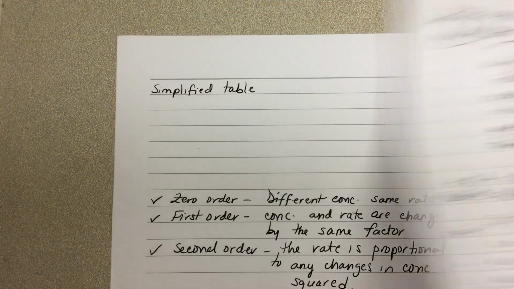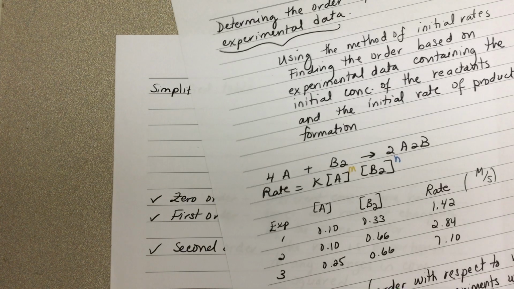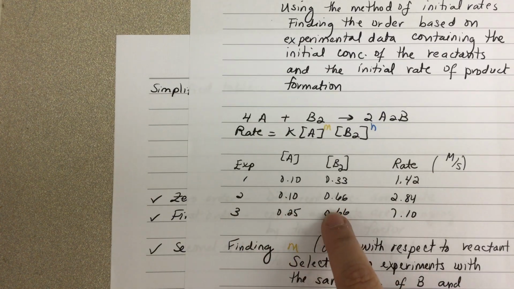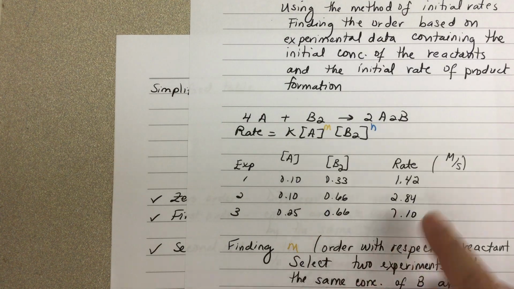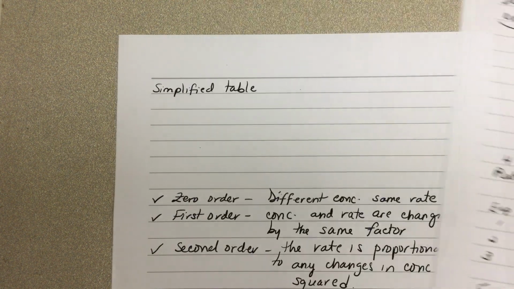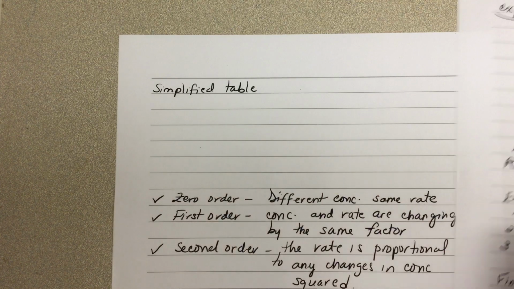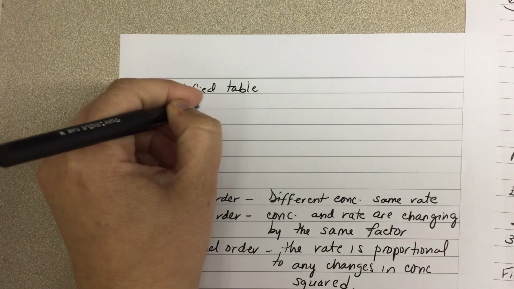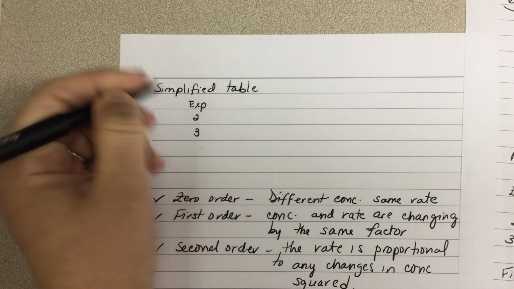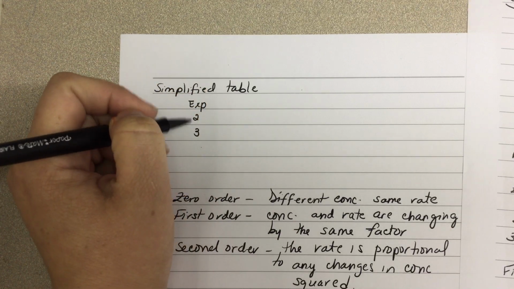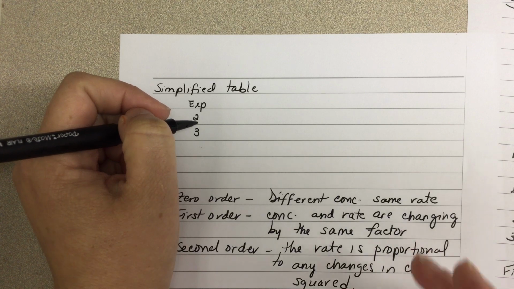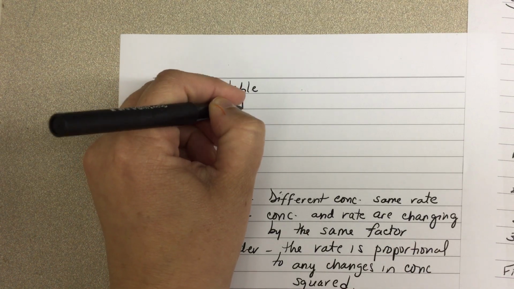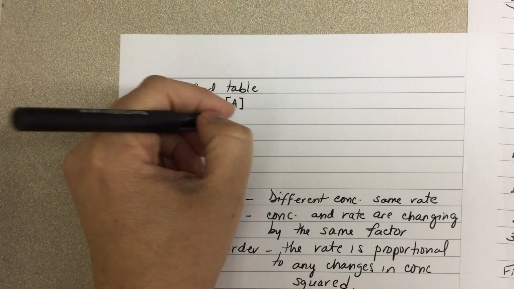So using those numbers for experiments 2 and 3, I'm going to simplify the table. The same table, but I'm going to include only the experiments that I'm using, A, because these are the same so I'm not going to look at them, and the rate. I'm getting those numbers from the table that you're given. Concentration for A in your experiment 2 is 0.10.